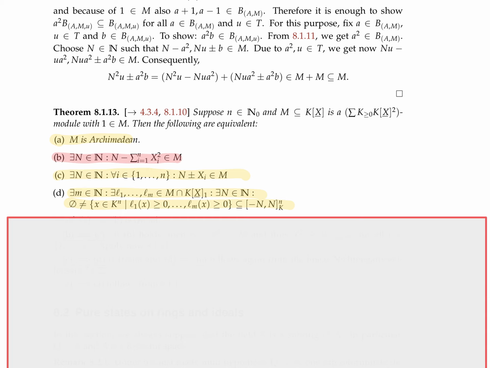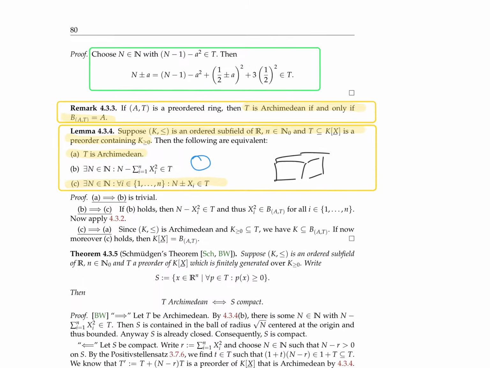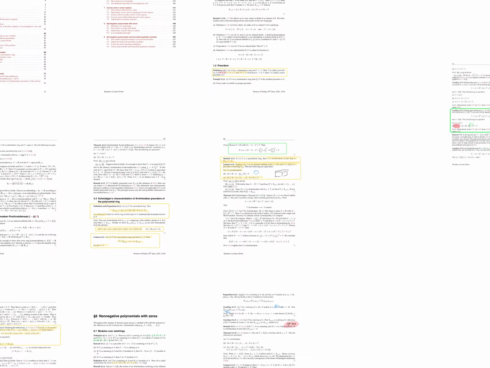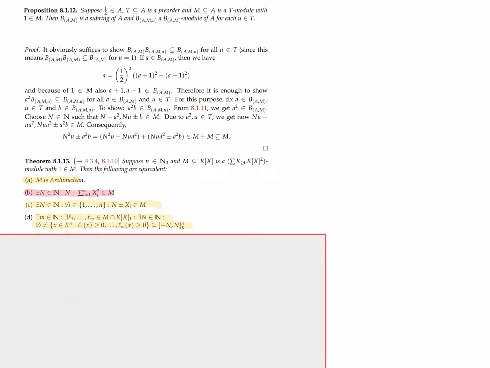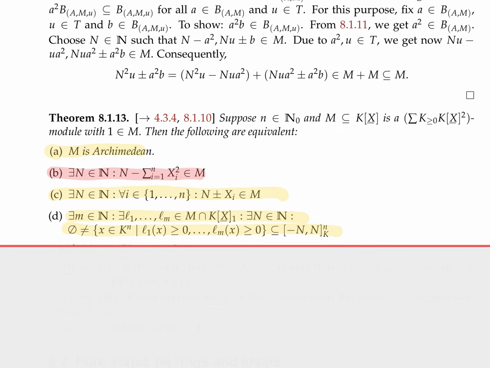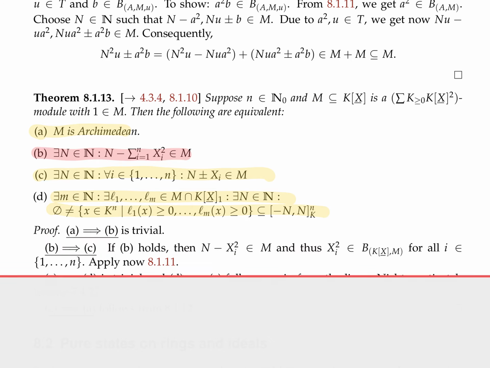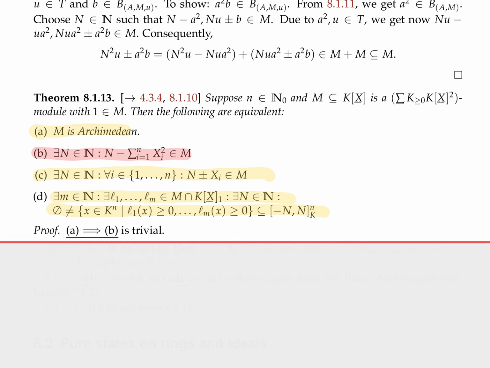But in 4.3.4 we had already the same thing for preorders, except that we did not mention the bounded polyhedron condition. At that time we did not know yet the linear Nichtnegativstellensatz. But here it's much more general, because M does not have to be closed under multiplication. Okay, so A to B is trivial.